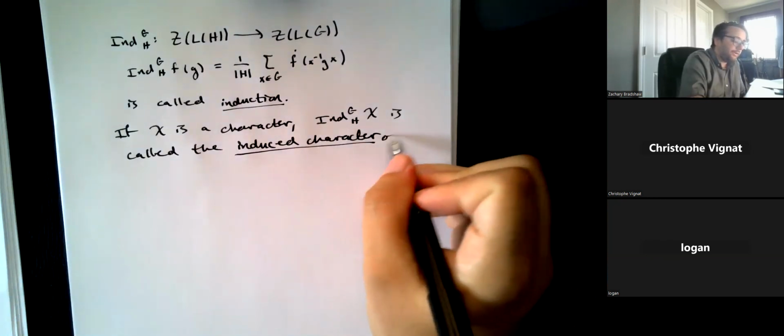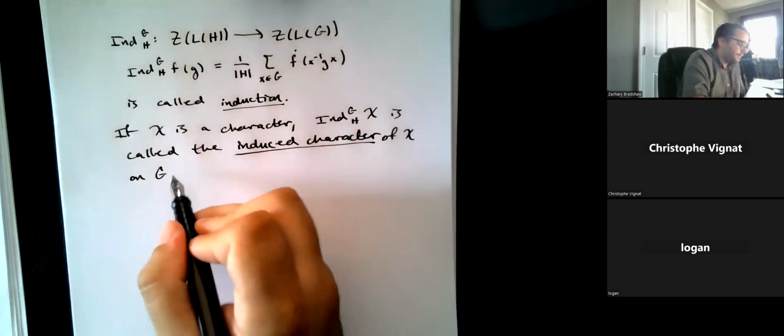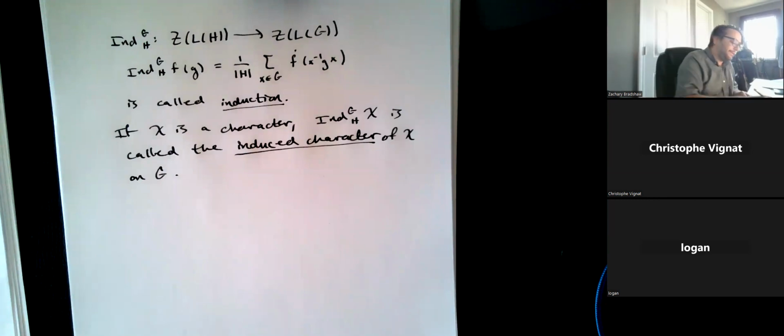Well, the induced character of chi on G. So we're going to show later that this is in fact the character of a representation. Just take my word for it for now. We will come back to that.